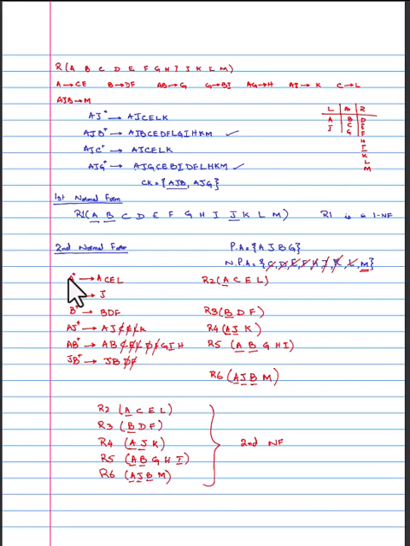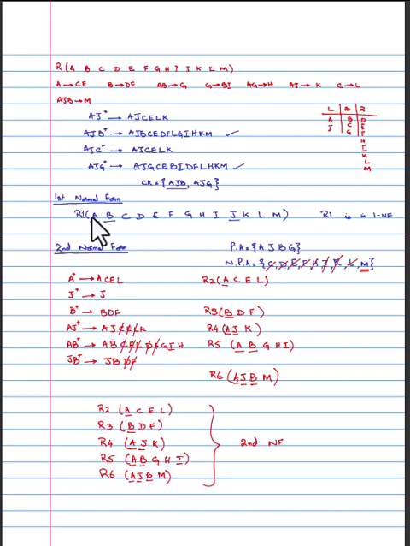The closure of A will become A, C, E, L. How? A identifies A, that is the reflexivity property as covered in the last lecture in detail. A identifies C, which is given, and C identifies L. So the closure of A will become A, C, E, L. The closure of J is only J, and the closure of B is B, which is reflexivity property, and DF. So the closure of B will become BDF.